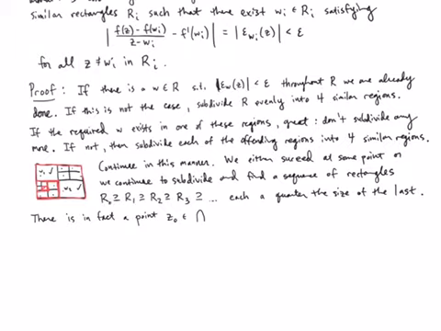Let me call R R0. So the intersection from i equals 0 to infinity of all of these rectangles. And this follows from a property of the real numbers, that the real numbers are complete. They don't have any holes in them.